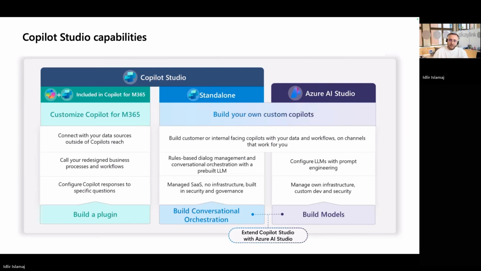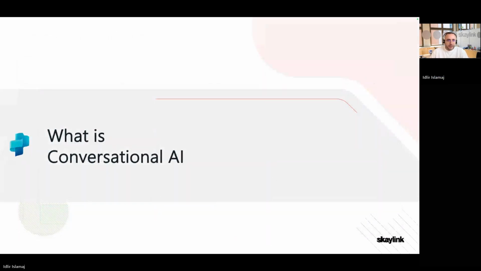Good. Then, what is conversational AI? Conversational AI refers to the technologies that enable machines to understand, process and respond to human language in a natural and intuitive way. So you will be able to understand what the bot is saying, right?